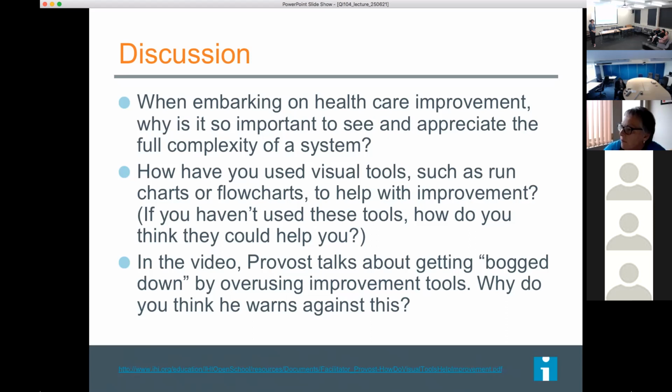Yep. Good. Anyone else use some of these tools? I guess if you're looking at peak times, you might use that for staffing. You might go, okay, all of a sudden it peaks upwards, so where do we need to have more staff on shift? You might not have even thought of it until you looked at the data. Yeah.